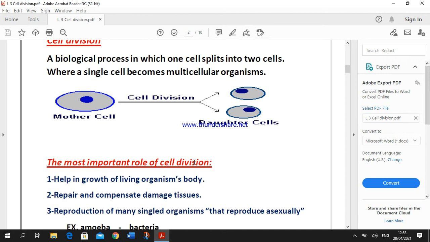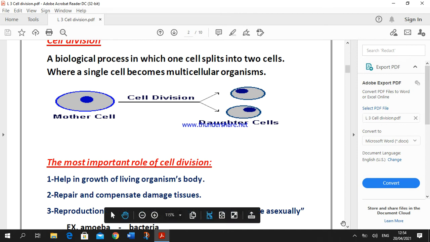Cell division has many very important roles in living organisms, okay? The most important role, number 1, cell division helps in growth of living organisms' bodies, and also repairs and compensates the damaged tissues.